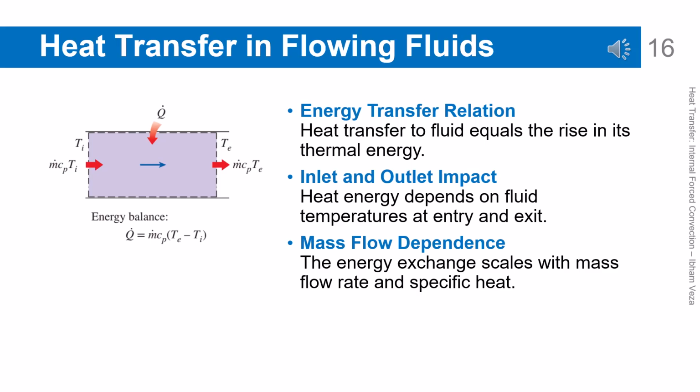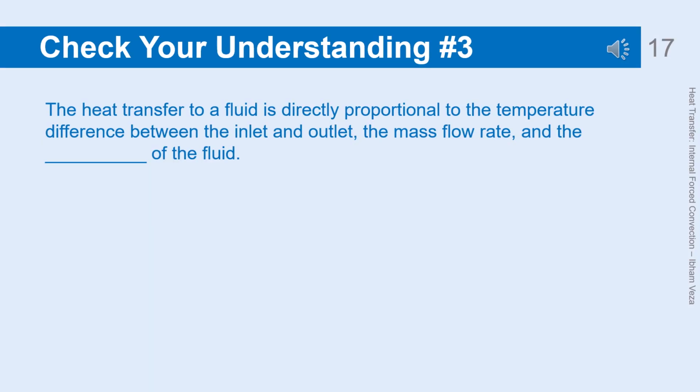The mass flow rate also directly affects the heat transfer rate. This equation is the foundation of almost all heat exchanger analyses. The heat transfer to a fluid is directly proportional to the temperature difference between the inlet and outlet, the mass flow rate, and the specific heat of the fluid.